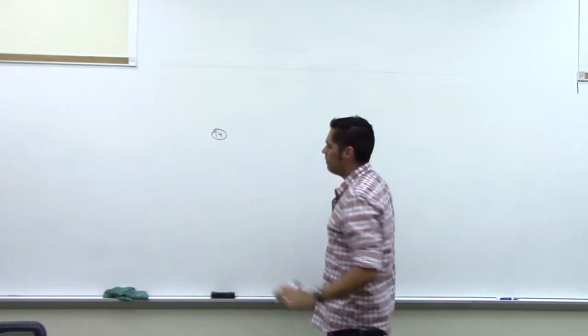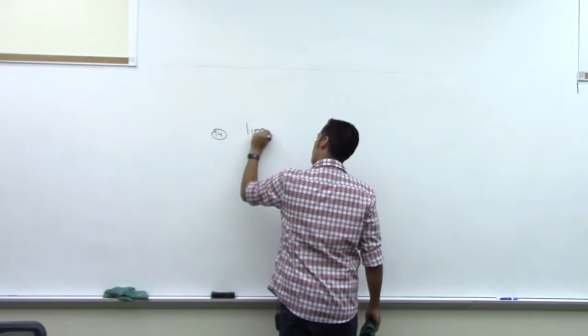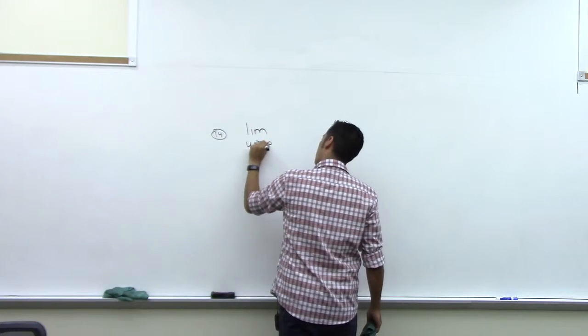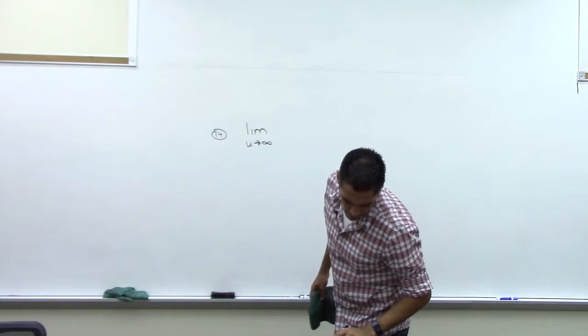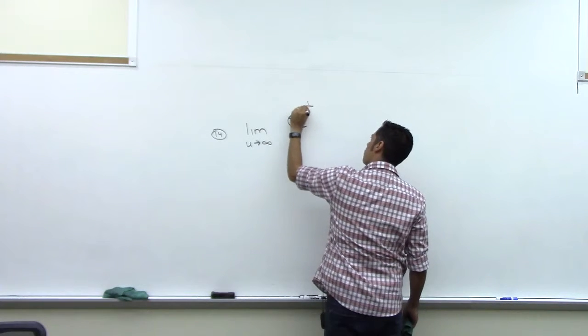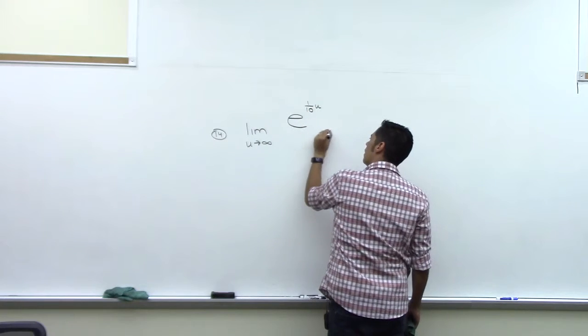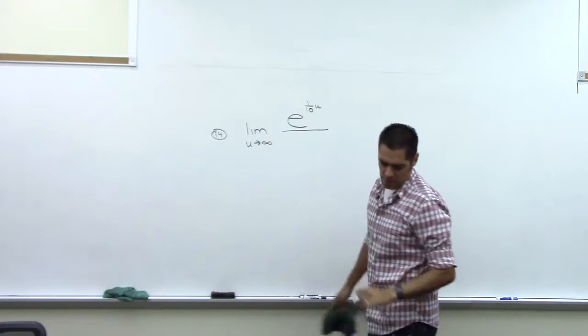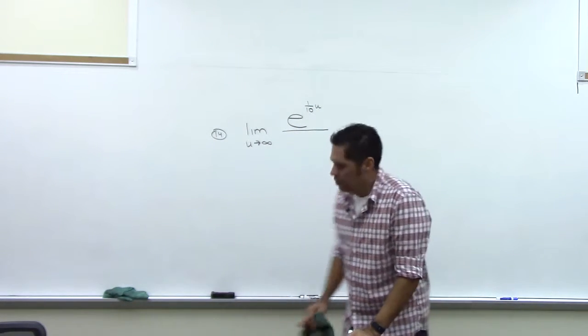Limit as u goes to infinity of e to the u over 10, over u cubed. I'm going to rewrite that as e to the 1/10 u, right? U over 10 is the same as 1/10 u.